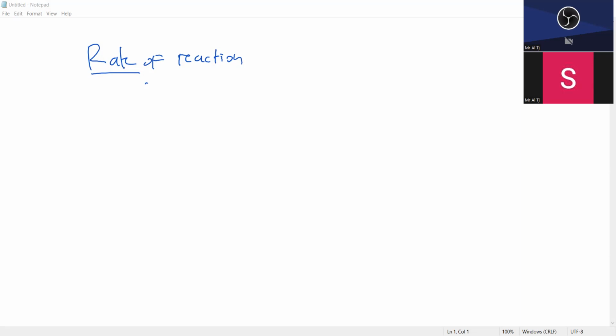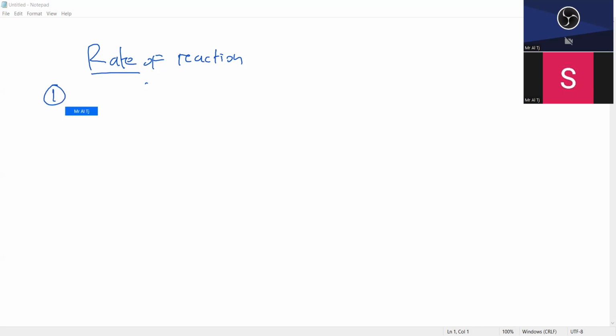Because reactions are not going anywhere, we don't call them speed. Instead, we call them a rate, which implies how something changes over time. Later we'll see that something means concentration. But for now, we just need to know that how fast a reaction happens, we call rate of reaction.